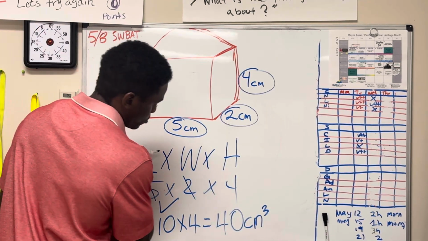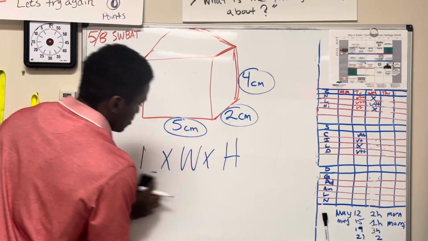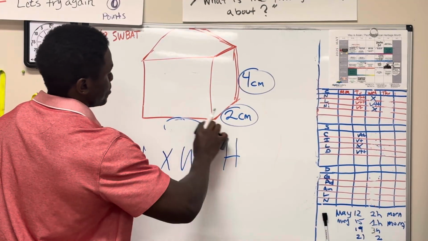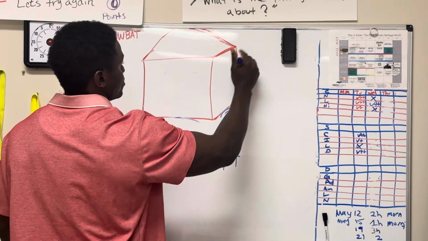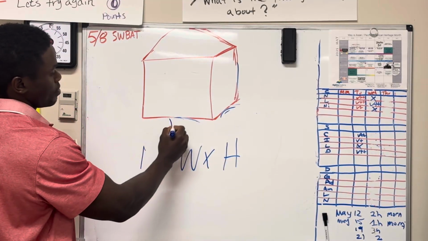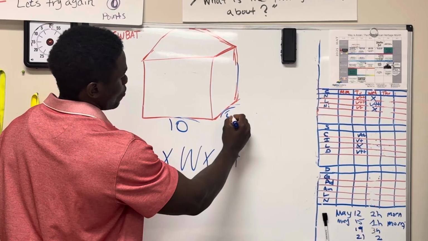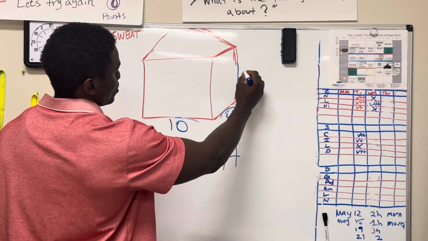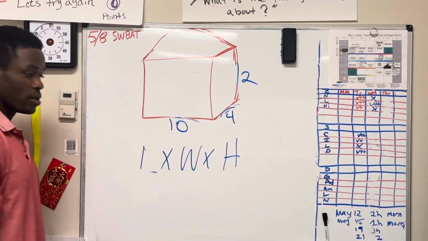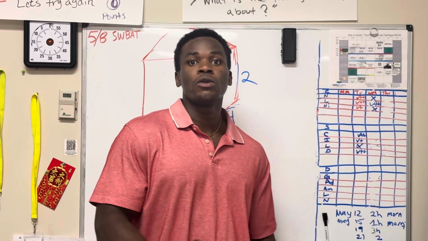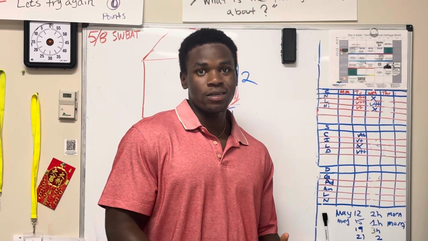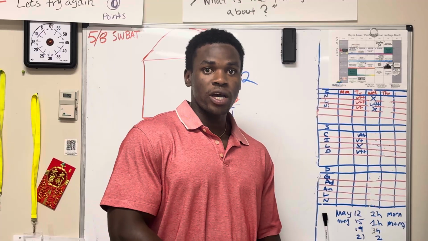Okay, let's try another one. Let's say that I had the dimensions of 10, 4, and 2. I'm just going to write this out slowly, and you look and see if I'm doing this correctly, and try it by yourself.